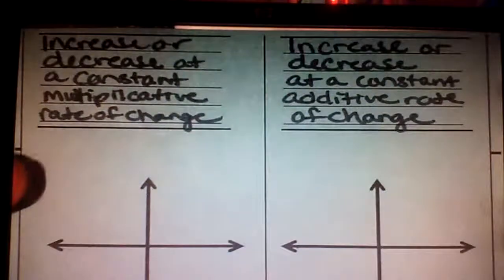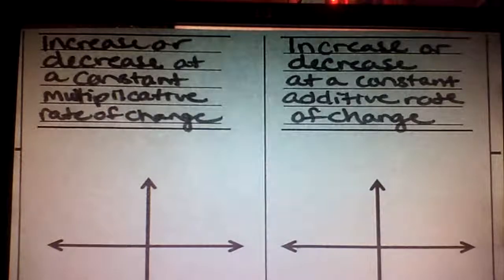Sorry, that's an L and a T. They're kind of merged together. Multiplicative. Woo! Look at y'all using some smart math words. And then outline. What did they say? Increase or decrease. Can't see.